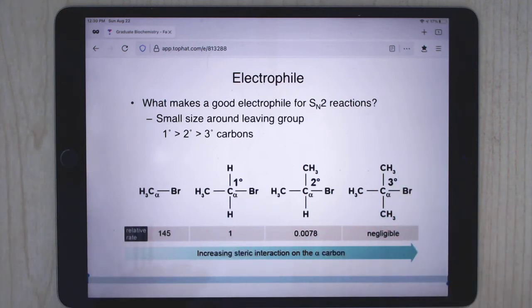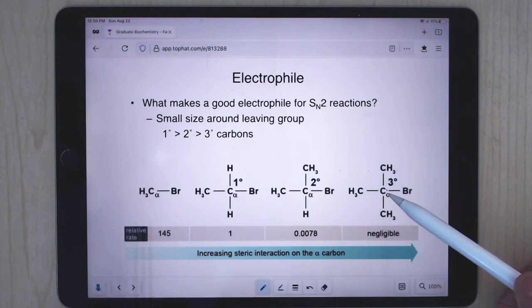Tertiaries basically are never going to work. It's too difficult for the nucleophile to push these three, at best, three methyl groups out of the way, because it's just too congested around the carbon that needs to get attacked.